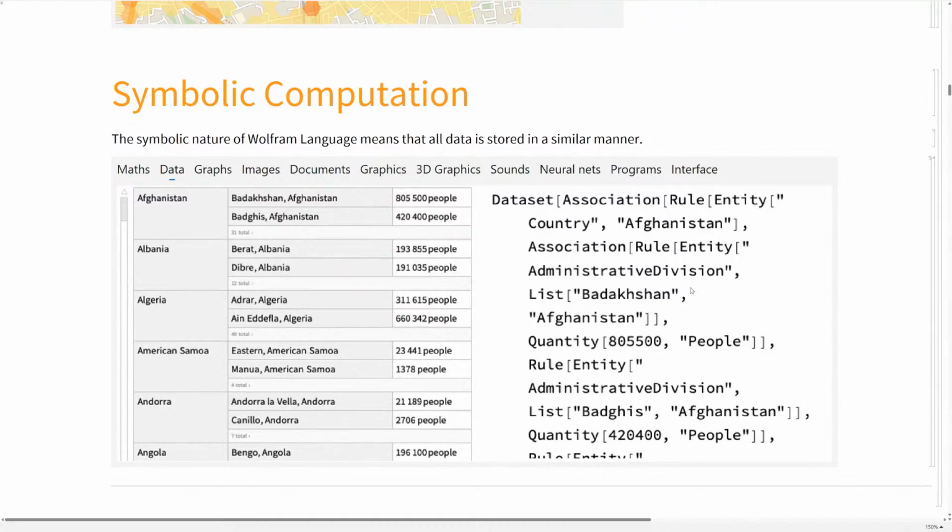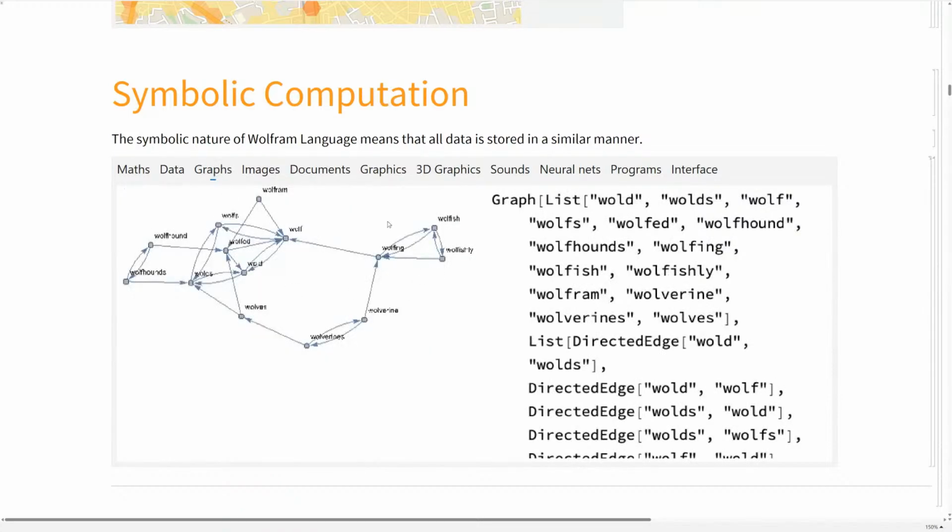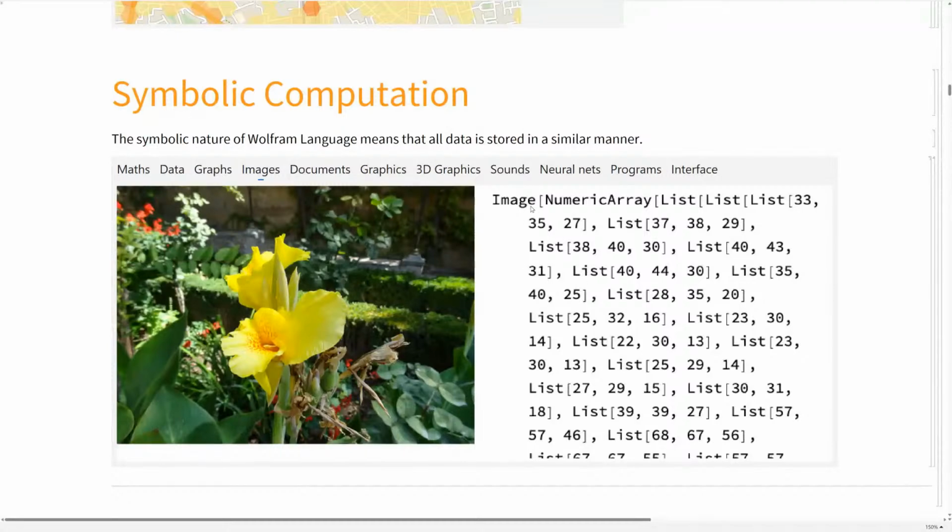That's a math formula, and data is also the same thing. Even though it looks like a table here, behind the scenes it is a dataset with a bunch of arguments. Also this graph, anything on the left doesn't look like anything on the right. And images, behind the scenes it will just be an image with a bunch of arguments telling where each dot should be, what color, something like that.